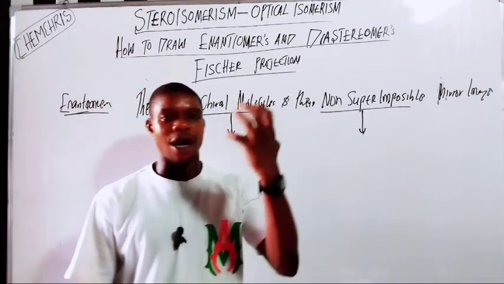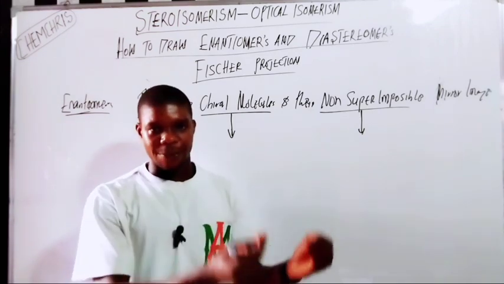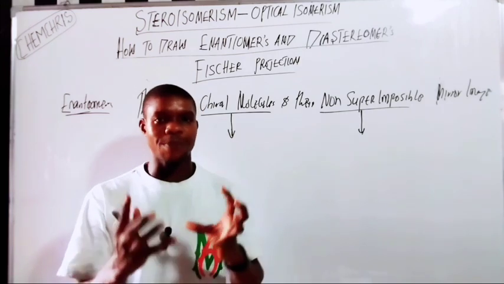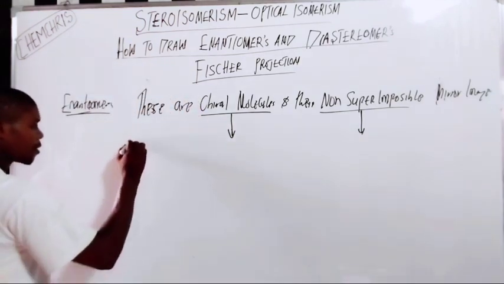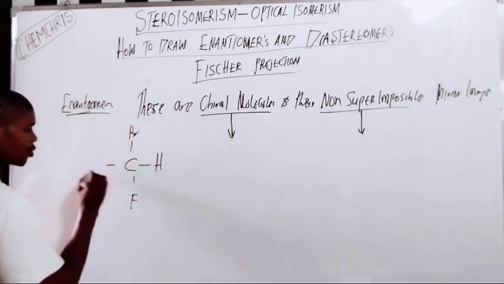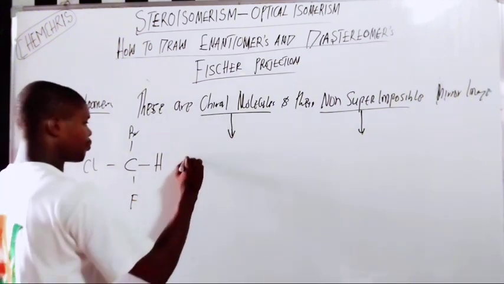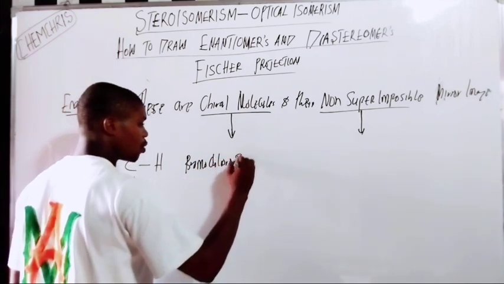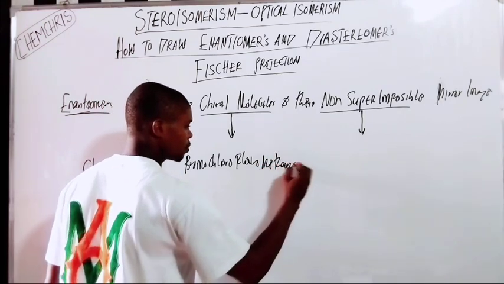Now, if you check our last video, I said that a chiral molecule possesses a chiral carbon, and a chiral carbon is a carbon atom that has 4 different groups attached to it. So if you look at this compound here, C with bromine, hydrogen, fluorine, and chlorine, the name of this molecule is bromochloromethane.